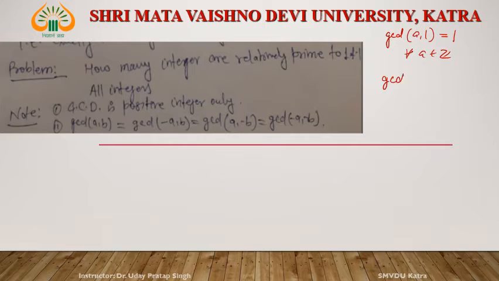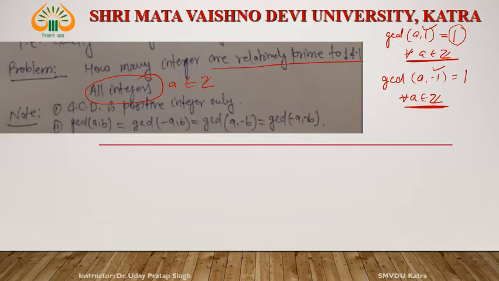And GCD of A and minus 1, what is that? 1, for all A belongs to Z. It means all integers A in Z are relatively prime to 1 and minus 1. I already told you GCD is only a positive integer.